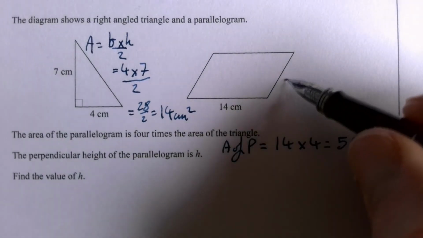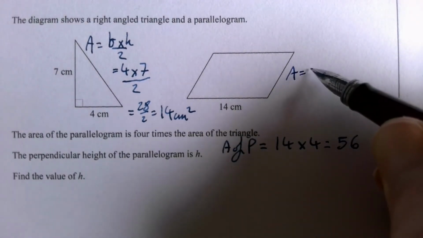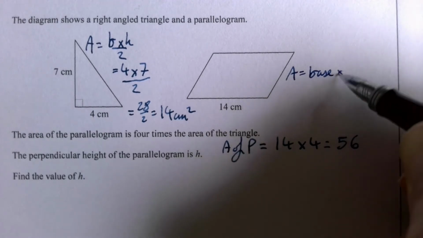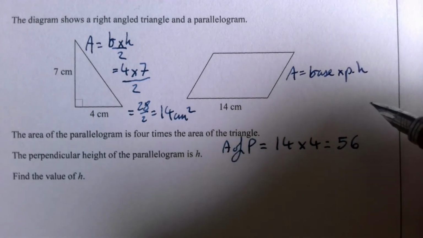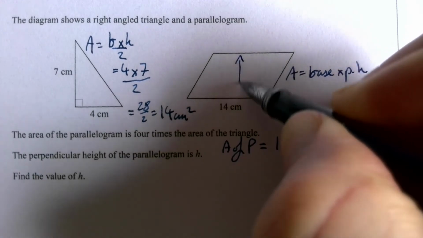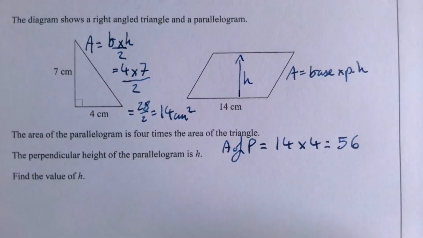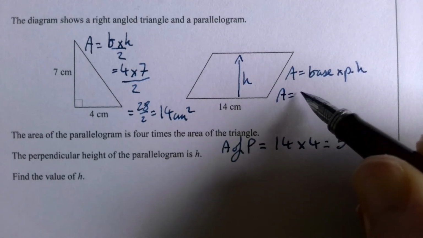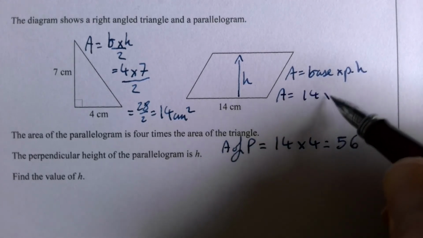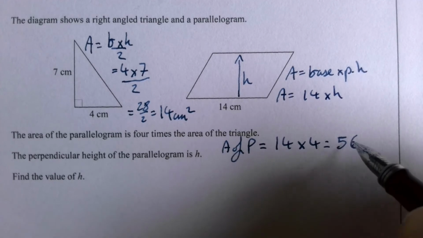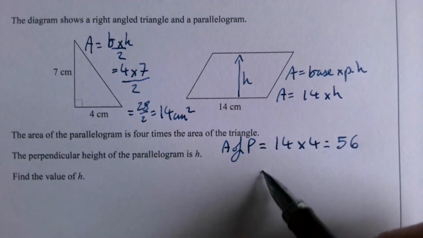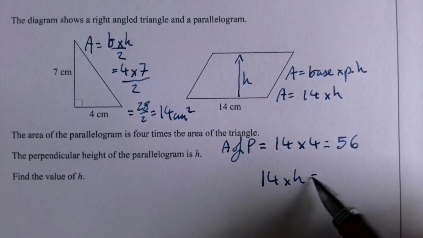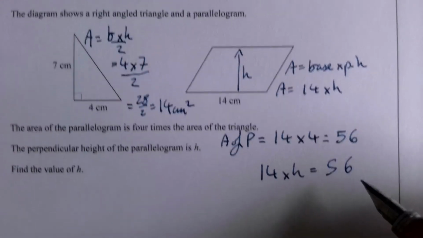Now when we did areas of parallelogram, we said it was the base times the perpendicular height. So the perpendicular height is what we want. So that means that this area is 14 times height. And we know the area is 56. So I can say 14 times the height is equal to 56.